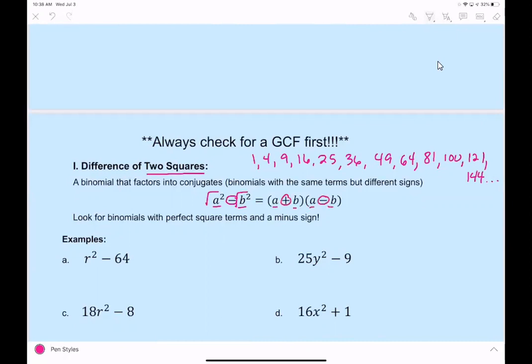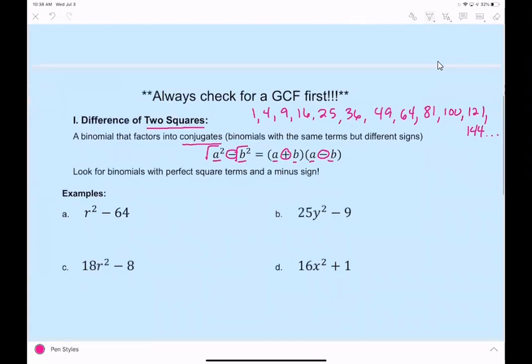These are called conjugates. When we fold them out, the middle terms end up canceling out. So instead of getting a trinomial, we got a binomial.